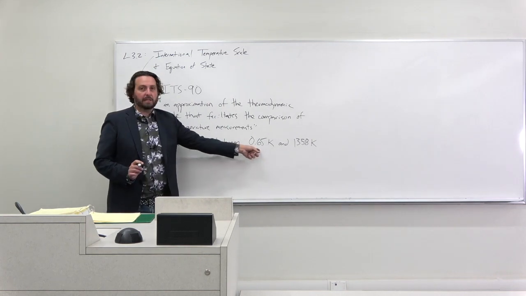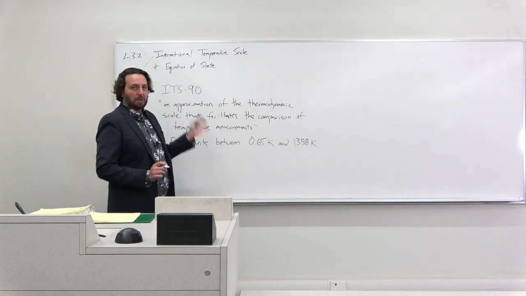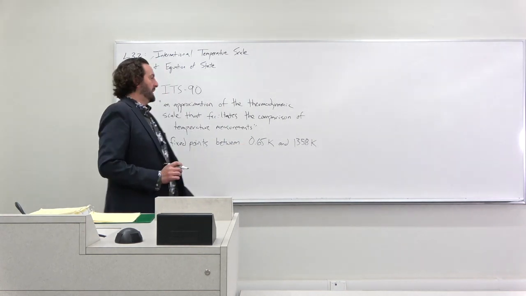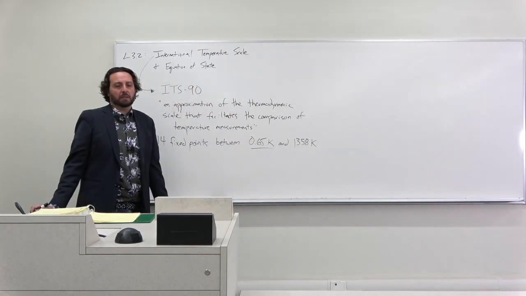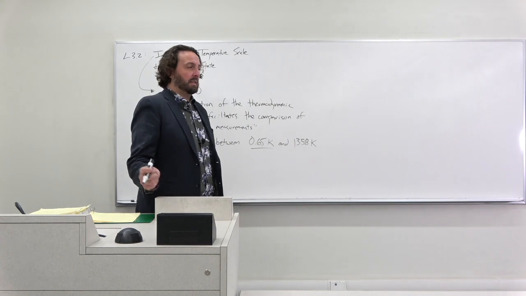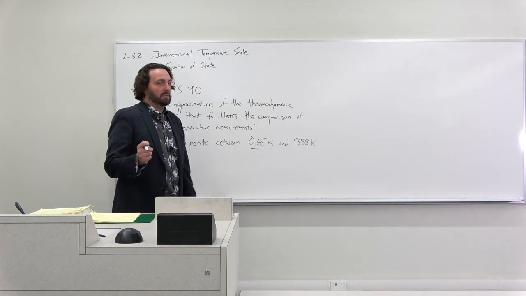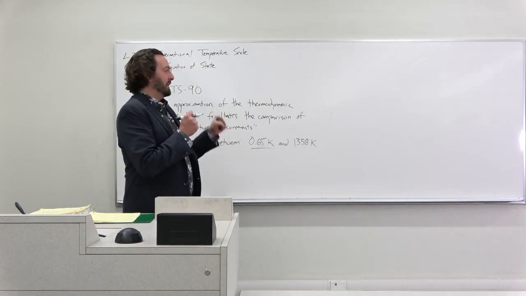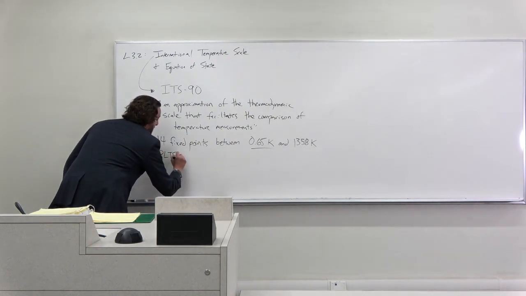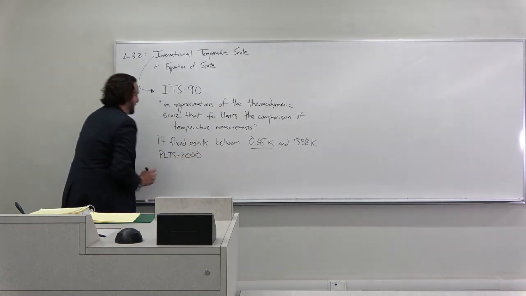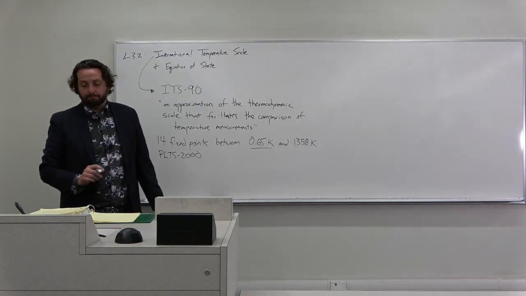Wow, it's quite amazing to me that we showed all those various temperatures that we could have in the temperature scales, and that it stops at 0.65 Kelvin. So I am particularly intrigued by this and interested in this. And so there is something we call the PLTS 2000, the provisional low temperature scale.